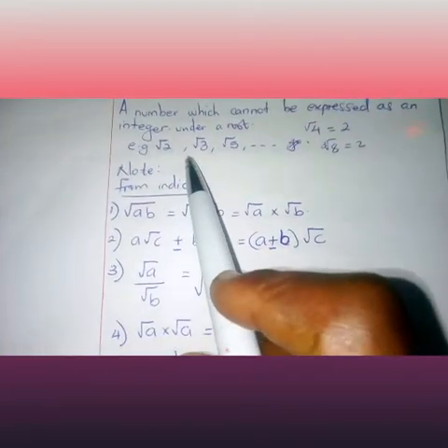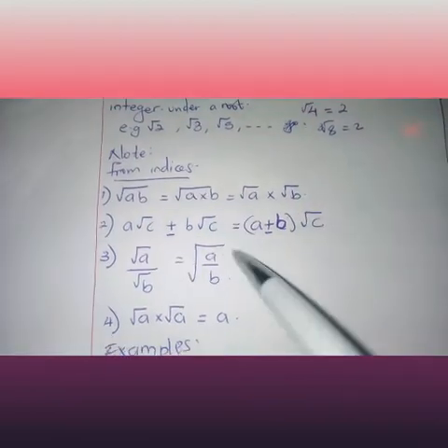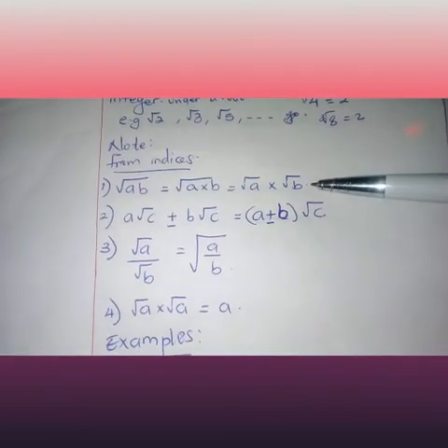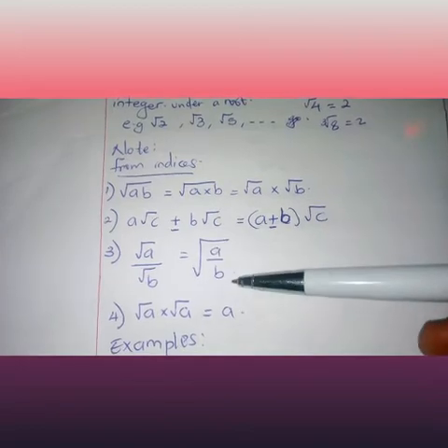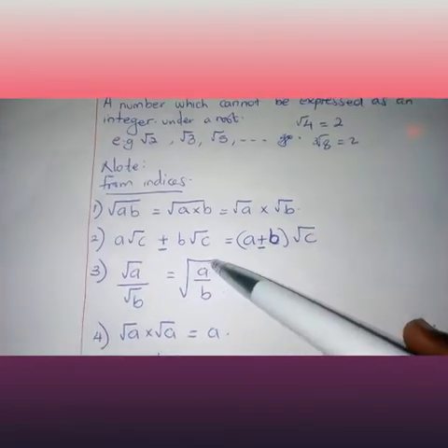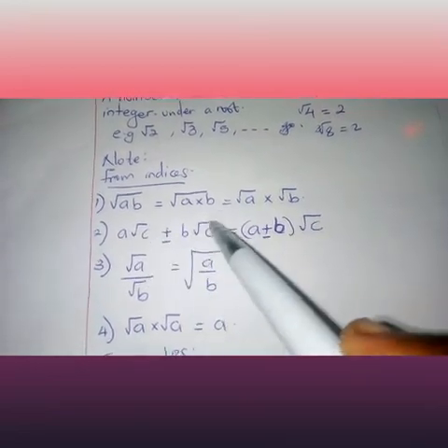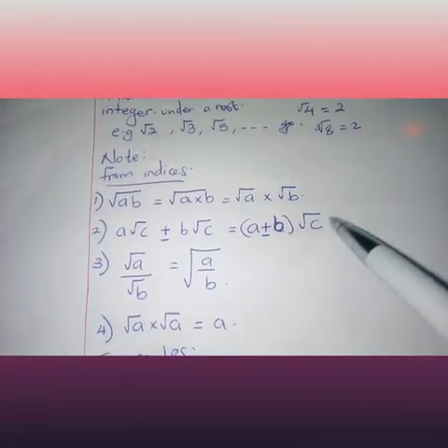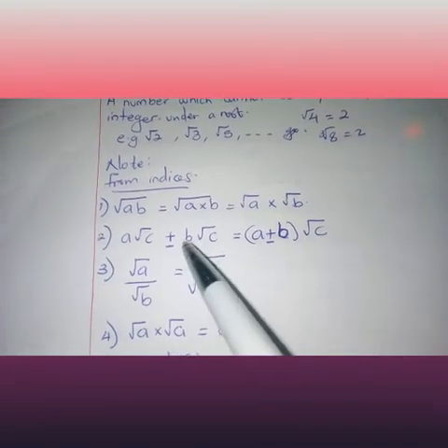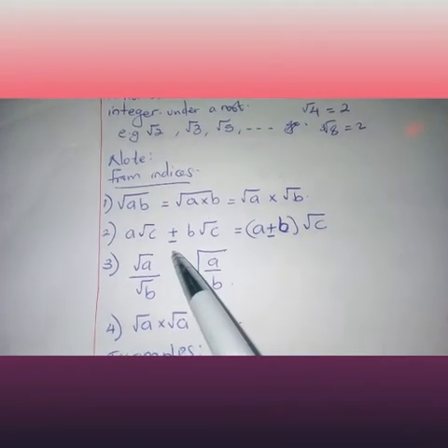So since this is a continuation of indices, some of the rules that are going to govern us come from indices, especially this first one, this third one, and then this fourth one. This second one is just going to allow us to simplify, because you realize that this and this is common. It's like here it is pulled out of the bracket, and this only works when we have plus or a minus.